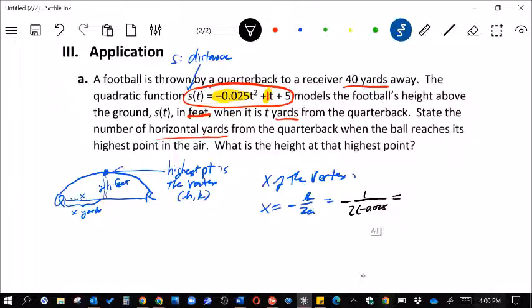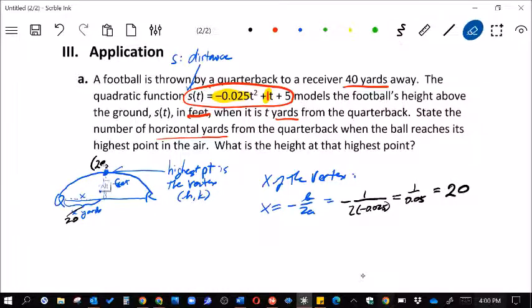The negatives cancel out, and 2 times that is 0.05, so 1 over 0.05. Divide that and you get 20. So this is 20 yards.